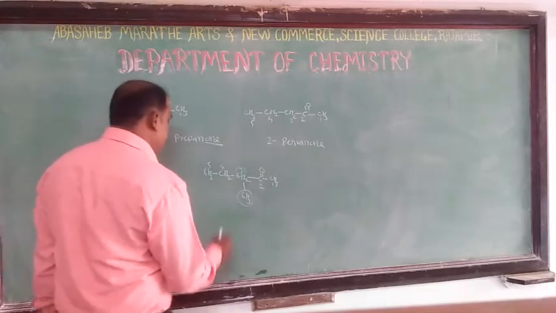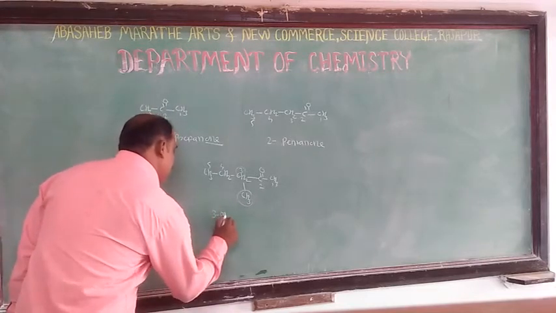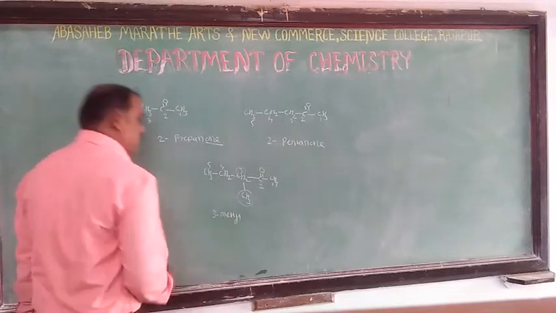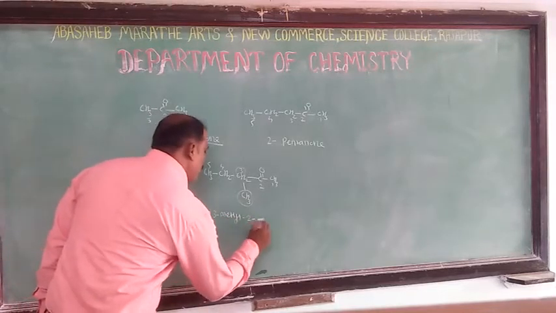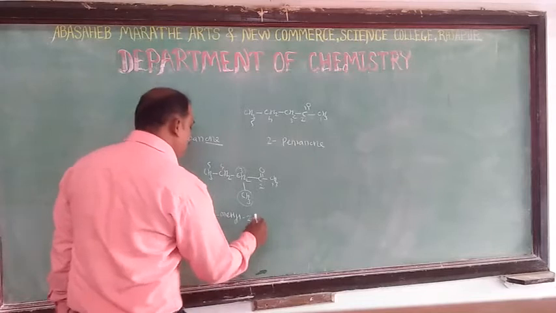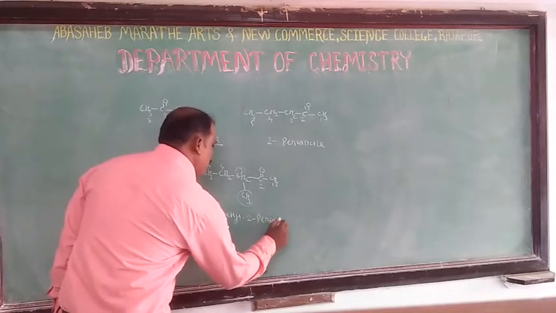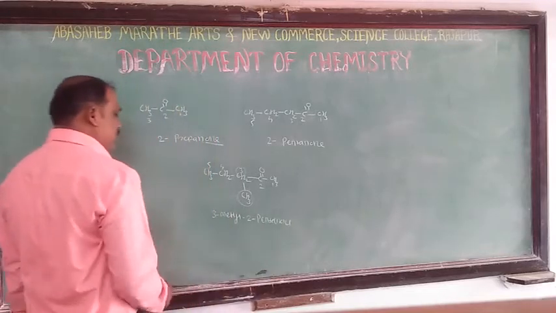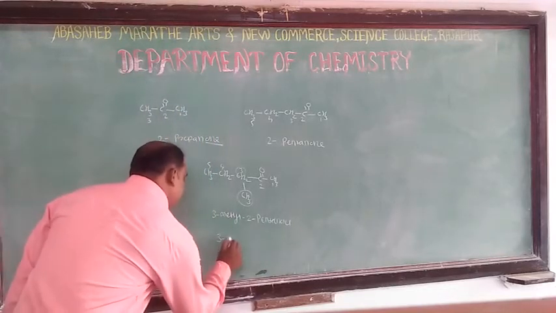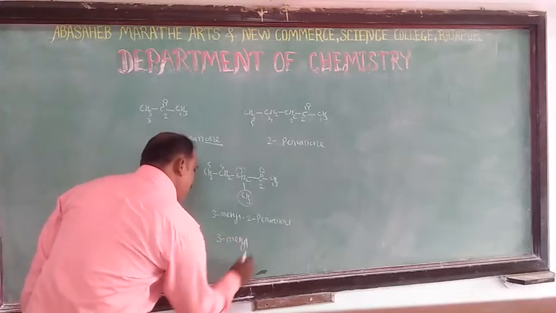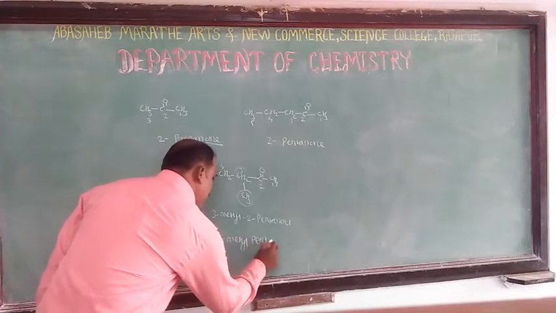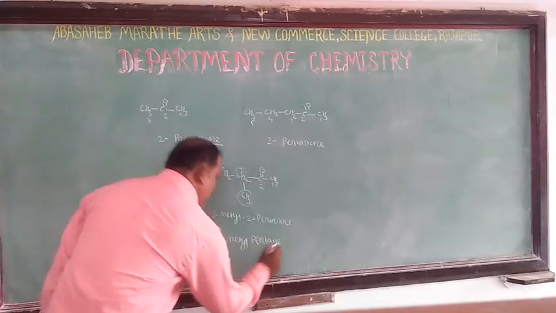So the name is given as 3-methyl-2-pentanone, or 3-methylpentan-2-one. The parent is pentane, right?